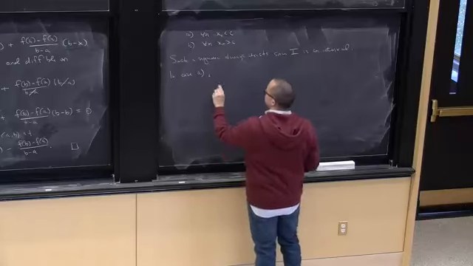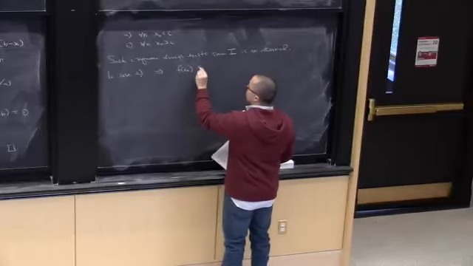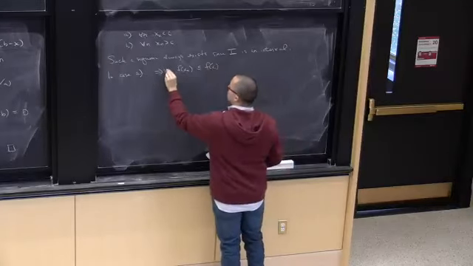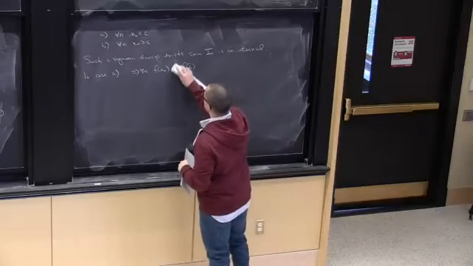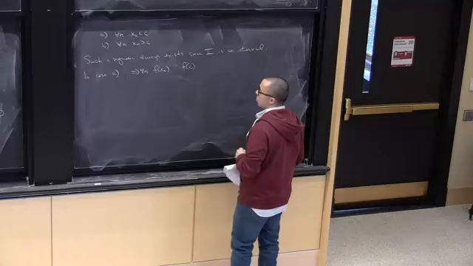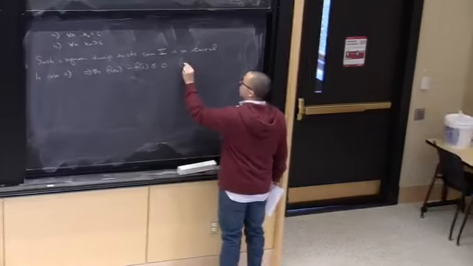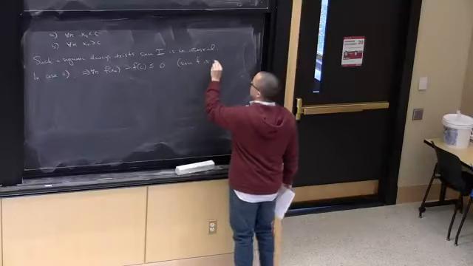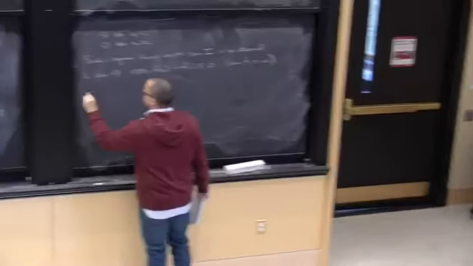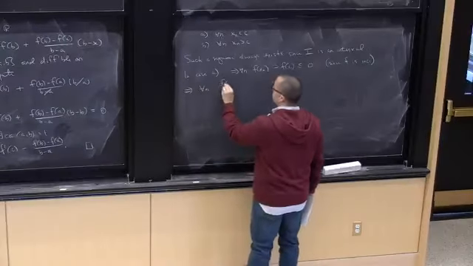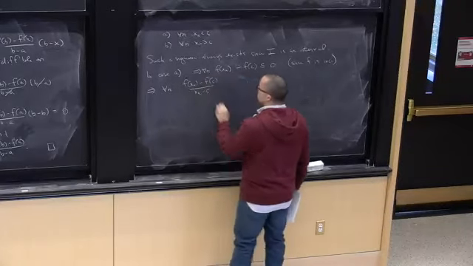Since f is increasing, f of xn is less than or equal to f of c for all n, which implies for all n, f of xn minus f of c over xn minus c.